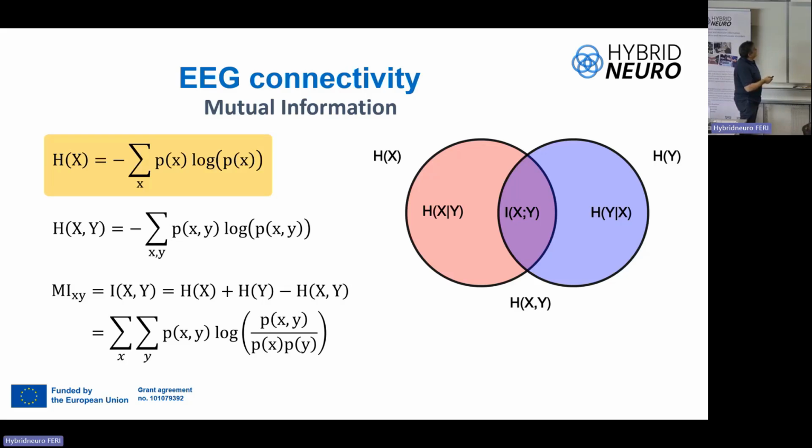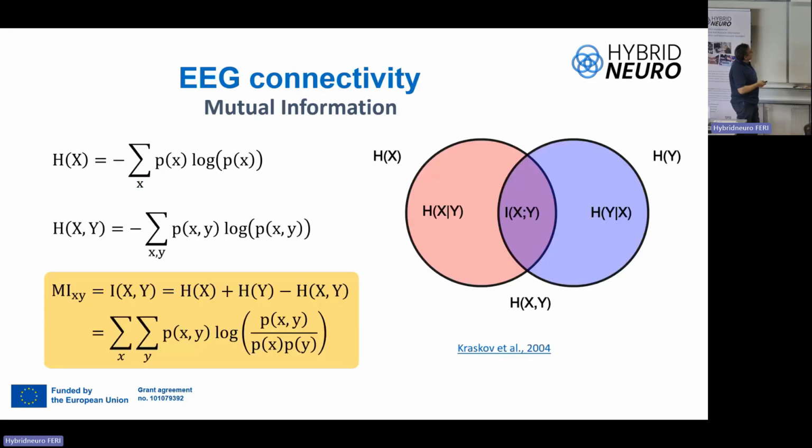And this is the joint information, the information shared by the two signals. With more area here, there is more connectivity, more relationship between the two signals X and Y. This is explained by means of probability, which is the histogram of each signal, and this is the calculation.